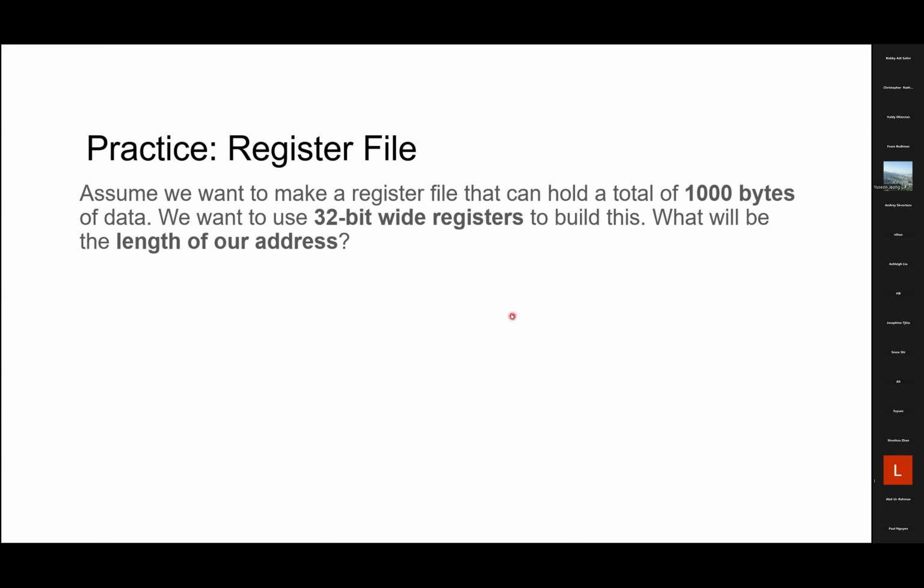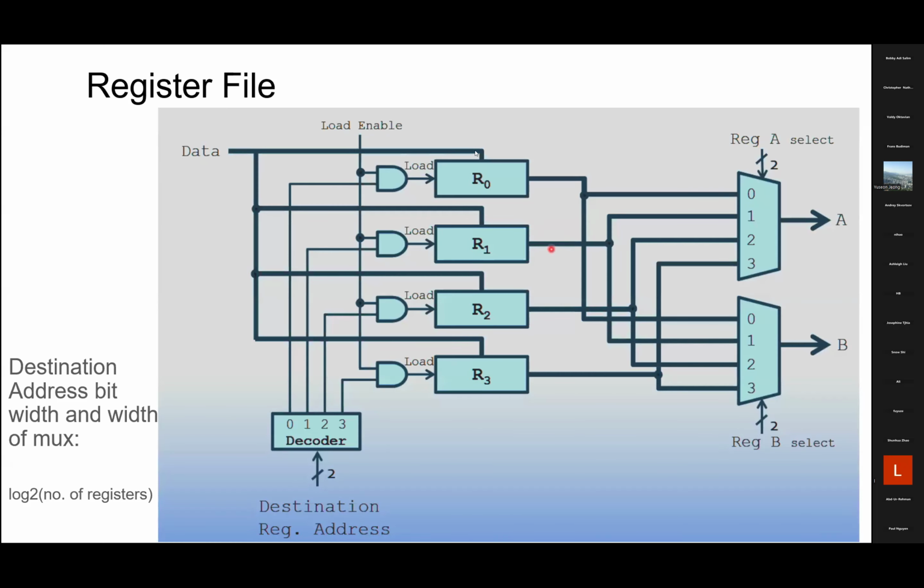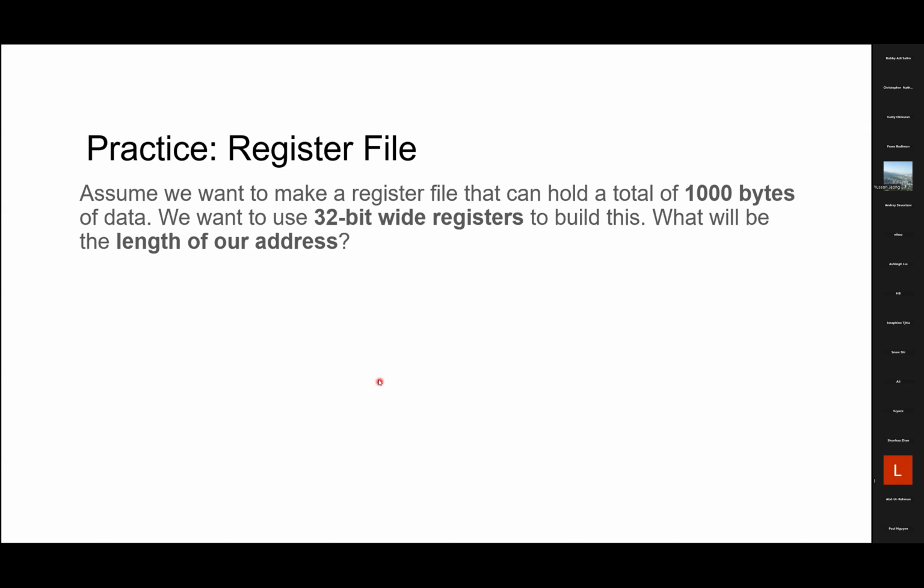So we want to store a total of 1000 bytes in our register file, and each register unit stores 32 bits. So how many register units do we need? And then how wide do we need the destination address to be? I'll give you guys 3 minutes to solve this, or maybe 2 minutes. It's quite simple. Feel free to put your answers in chat.